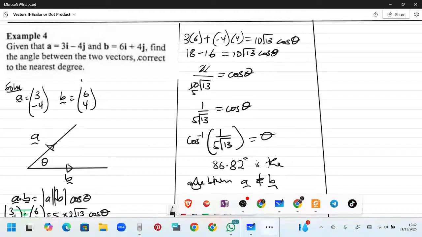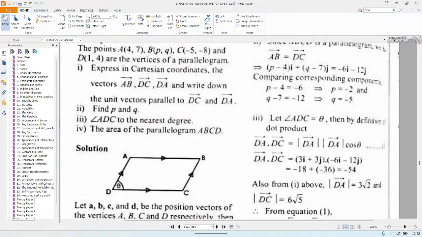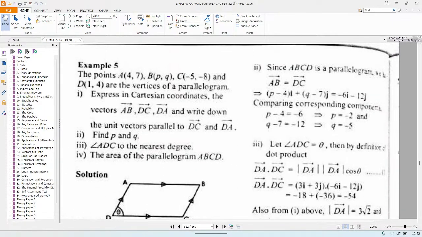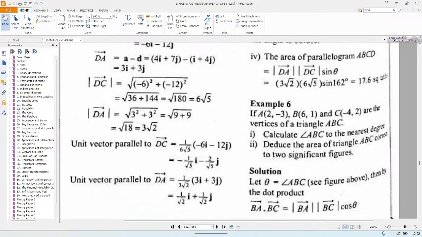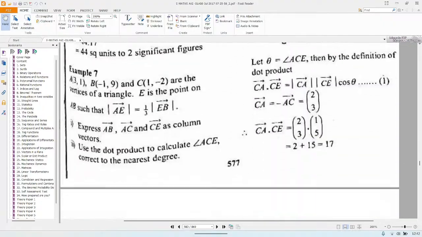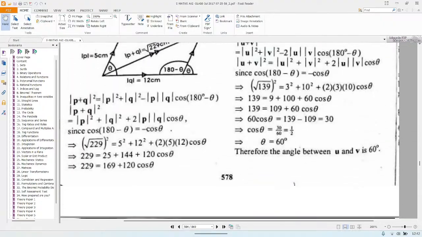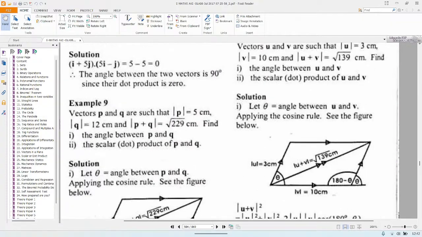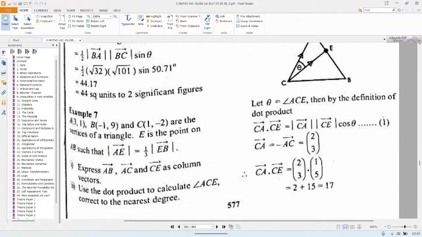What example do we have after this one? I think we have this one too to solve. Okay, let's do one of these ones.